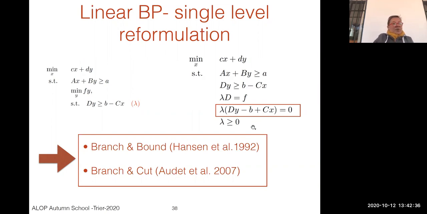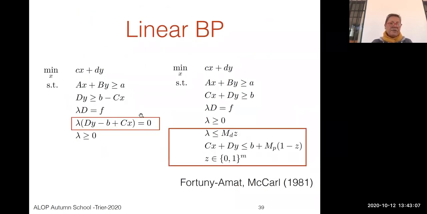But nowadays, one likes to use optimization software, because it is very powerful, and it's a great advantage. So you may think there is a way to reformulate this to obtain a mixed integer formulation of the problem. And indeed, here on the left, what I put is just this single level reformulation.